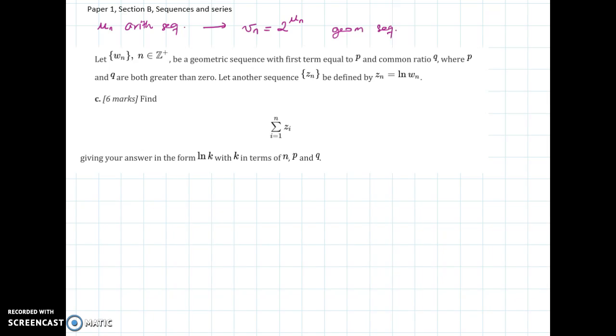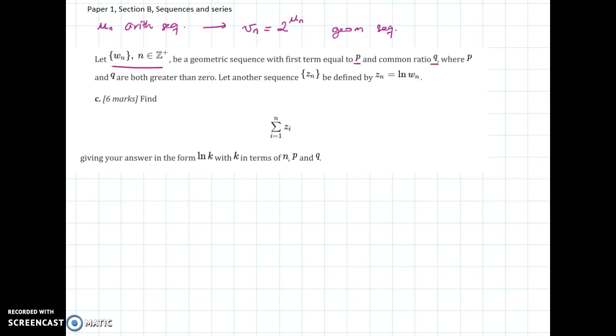Now we start with a geometric sequence, Wn, and we know the first term, p, and the common ratio, q, and p and q have to be both greater than 0. And we build another sequence, Zn, where for each term we take the logarithm of the corresponding W term.